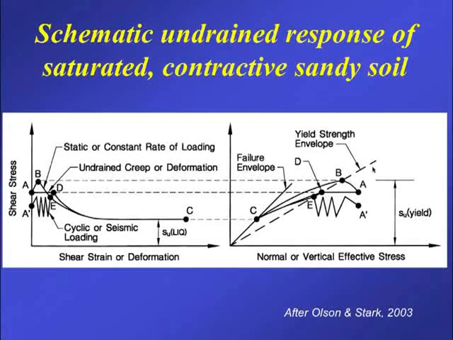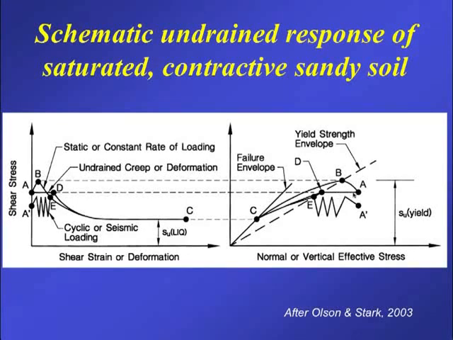If you had a series of tests that you could join up, it essentially defines a yield strength envelope, or more precisely a yield surface, and when the stress path hits that yield surface, it triggers strain softening.